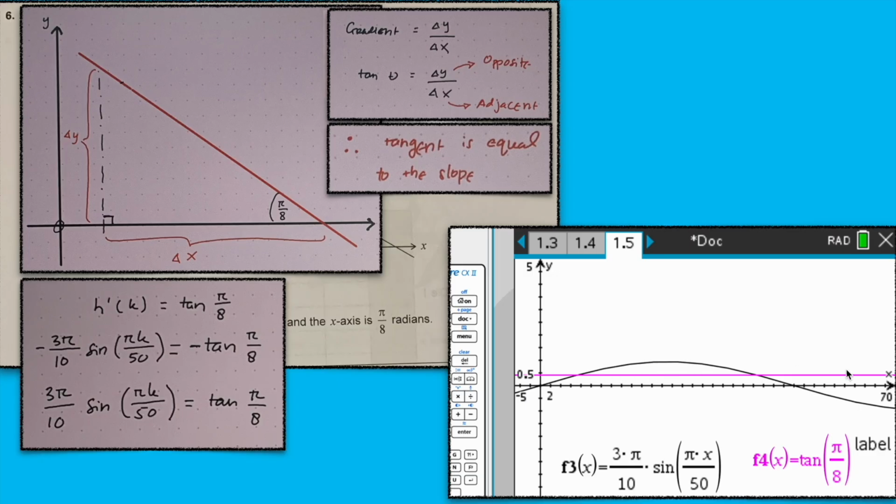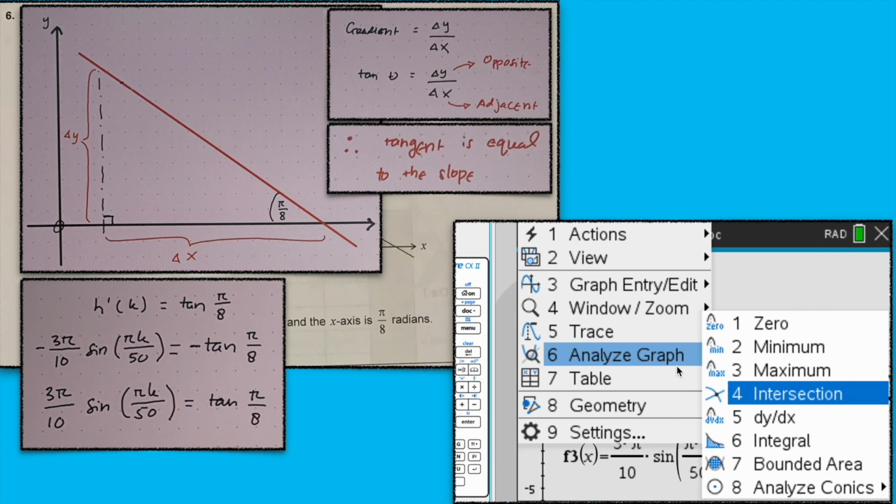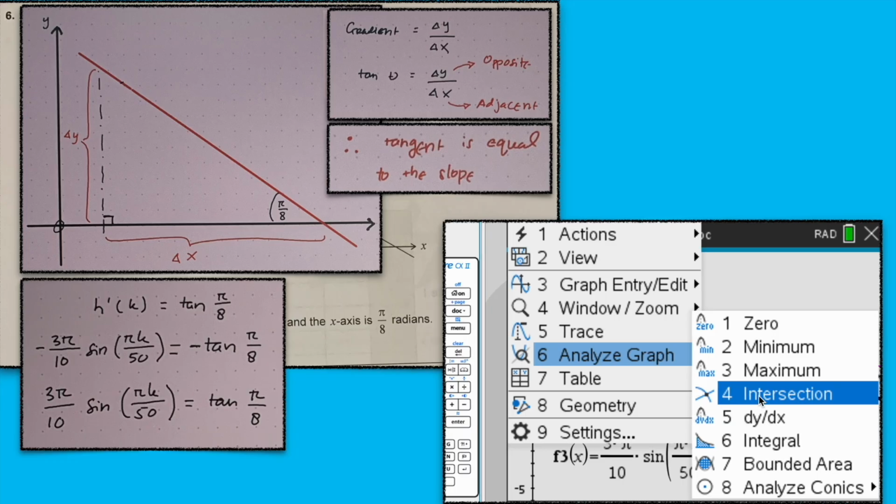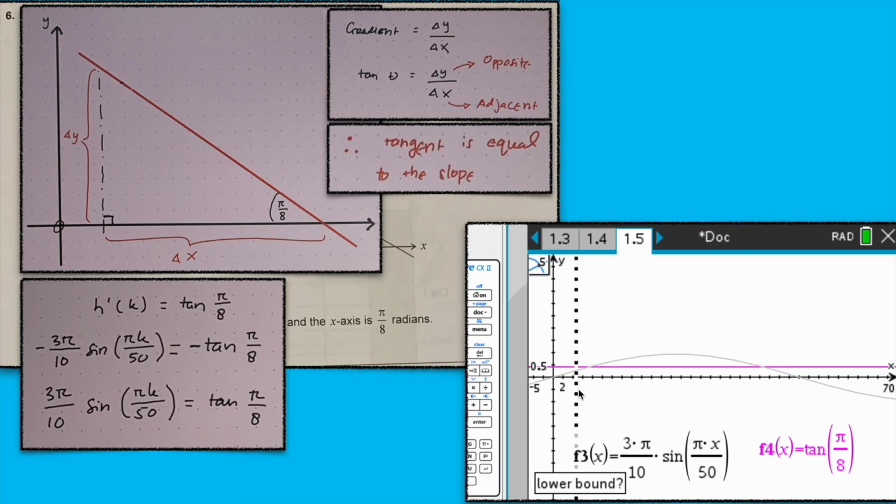Okay, and we can see there are two intersections that we can find using analyze graph. So go to analyze graph and choose intersection. Let's begin with that intersection. TI will ask for the lower bound, means you go a little to the left of that intersection.